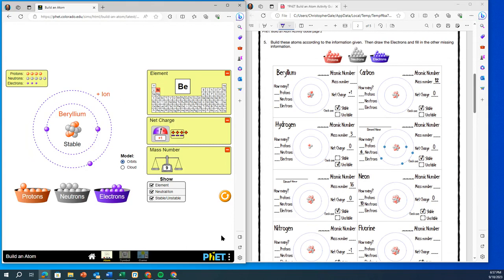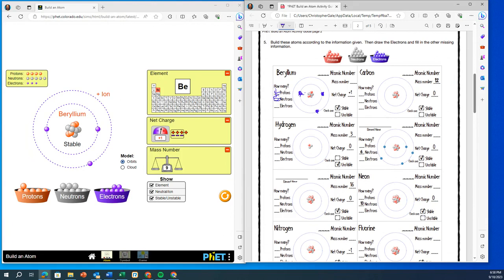So what we're going to do here is we're going to draw our charges, our electrons. Okay, I'm going to draw those, make some circles, and I'm going to put this on the second, right like that. I have 4 protons. I have 5 neutrons.